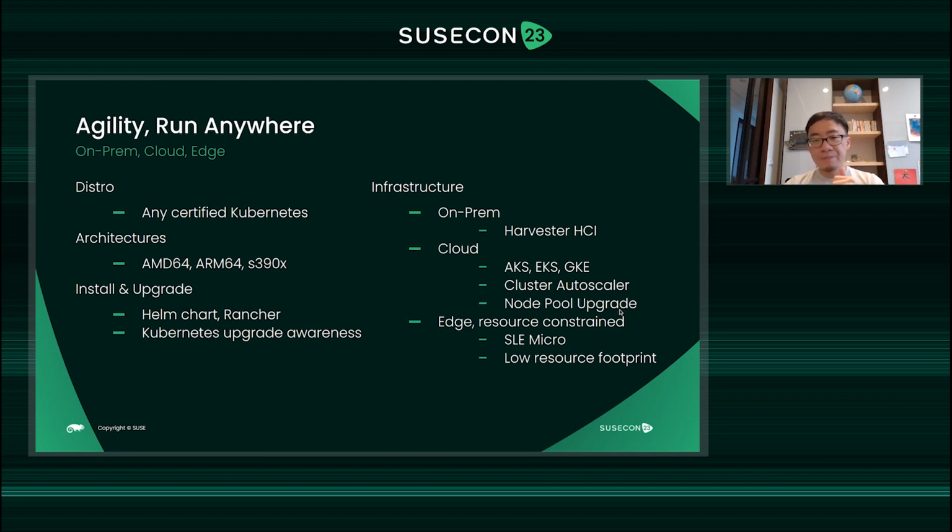So for cloud, public cloud we also support it, and we have a dedicated pipeline to test AKS, EKS, GKE, including the upgrades. And we also support cluster autoscale because we know that scalability is pretty important when your Kubernetes cluster is running on cloud. So this one we support.